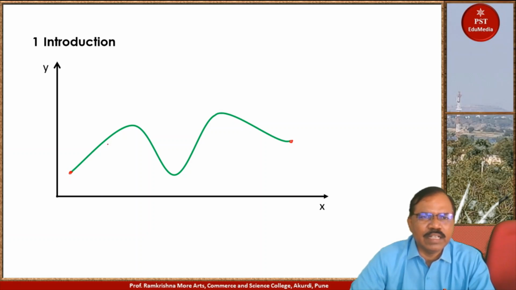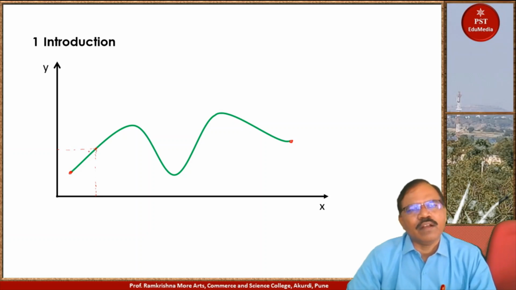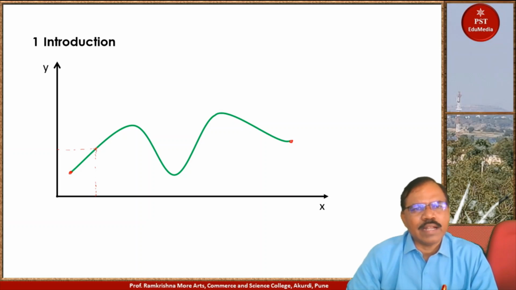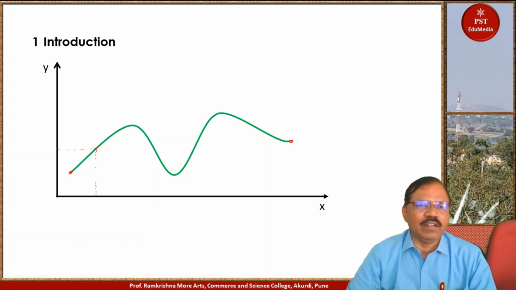When it is moving along the path, at some time t, this is the position on the xy plane. Now at this point, the body will have some velocity. Then what is the value of that velocity and what is its direction?